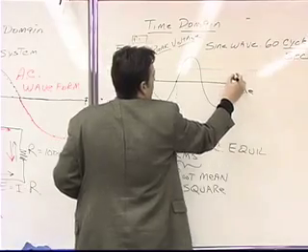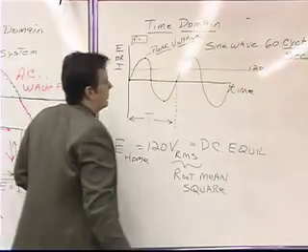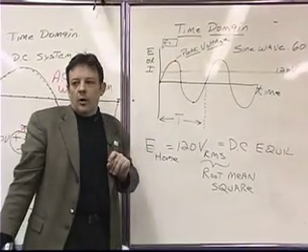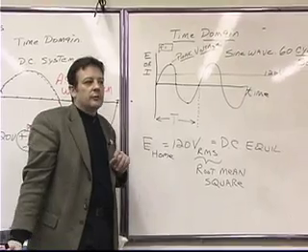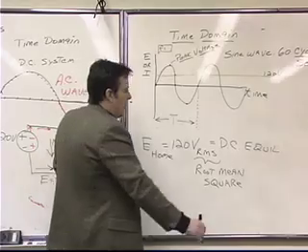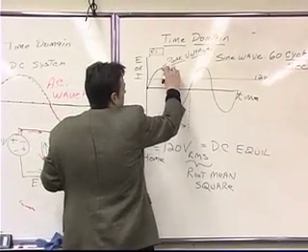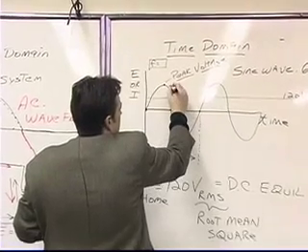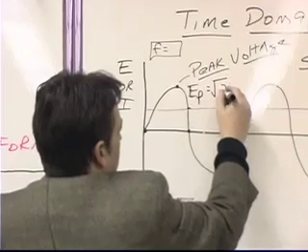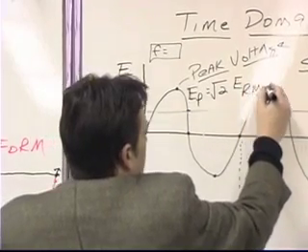So this is 120 volts. The peak voltage is related to the RMS voltage by a factor of square root of 2. Okay? So if you want to know what the peak voltage is, the peak voltage is equal to the square root of 2 times the voltage RMS.